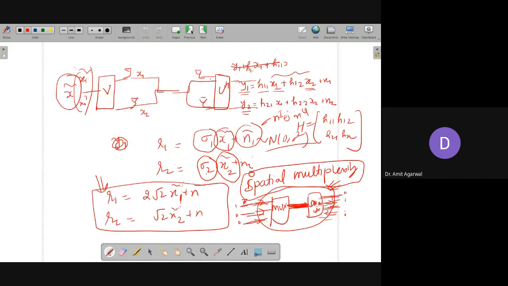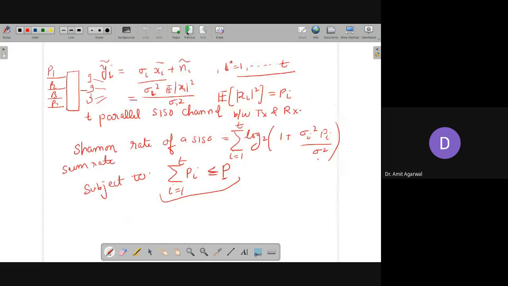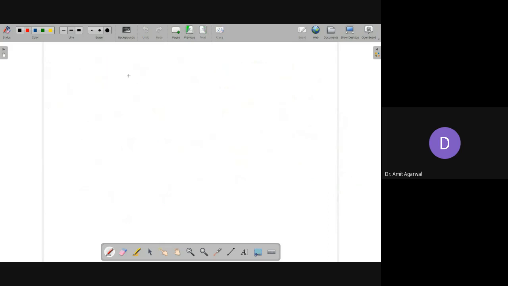Our problem is to derive the capacity of a MIMO channel when you know H both at the transmitter and the receiver.